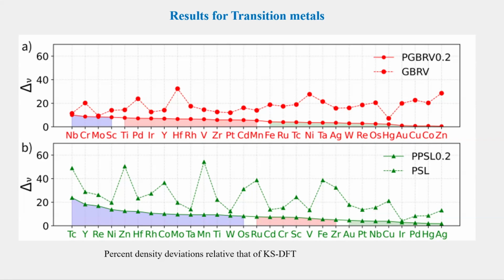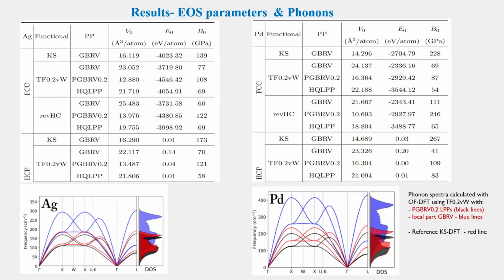We also performed, with this new pseudopotential, calculations for EOS, equation of state parameters, and phonons. And we have done this calculation using different pseudopotentials, including the new pseudopotential obtained.